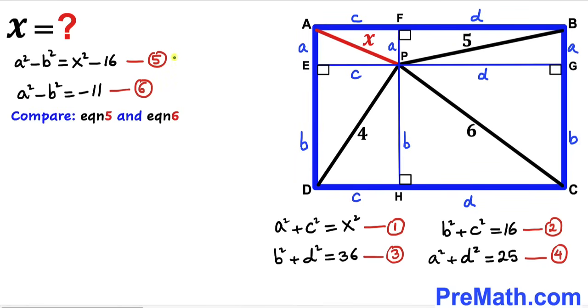We are going to compare these two equations, equation 5 and 6. Let's make an observation. We can see the left hand sides are identical. So therefore we can equate the right hand sides of these equations as well. So if we compare, we get x square minus 16 is equal to negative 11.